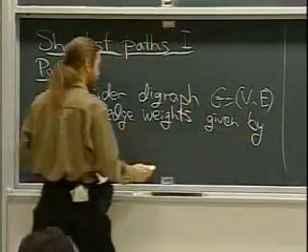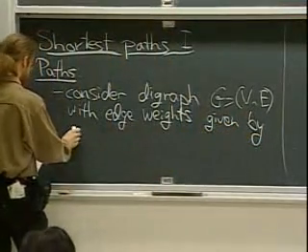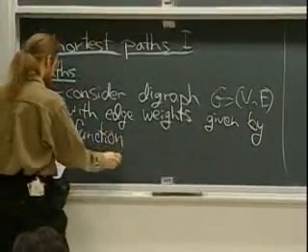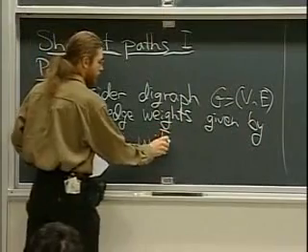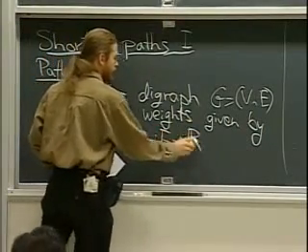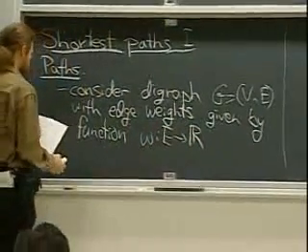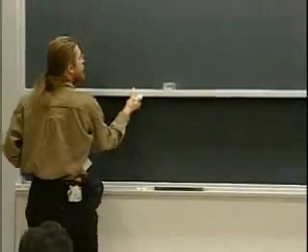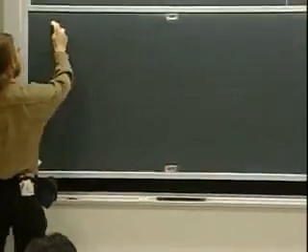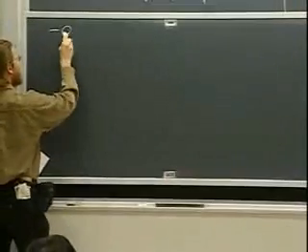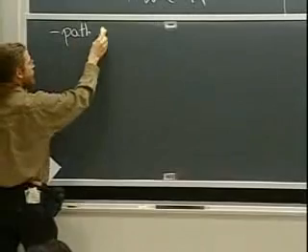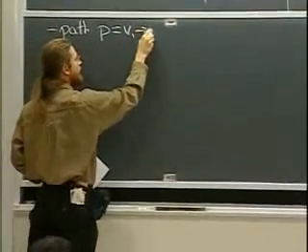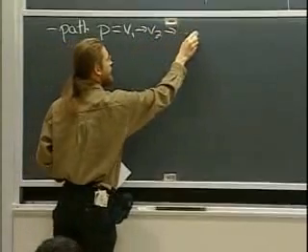So edge weights are usually given by a function W. For every edge, you get a real number. And then if we look at a path in this graph, we're going to use some simple notation for paths called a path P. Starts at some vertex, then goes to some other vertex, and so on.